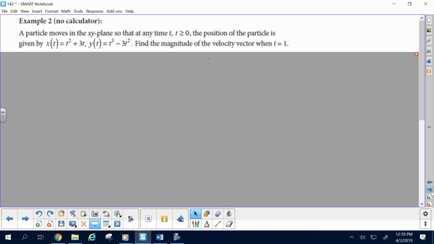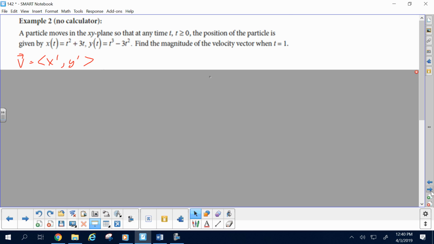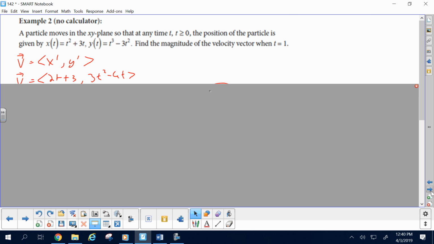I know maybe they're fairly easy for you, but there's always a handful of people that need the review, so bear with me, please. Now, in terms of finding the magnitude of the velocity vector, that's the hypotenuse at time 1, right?